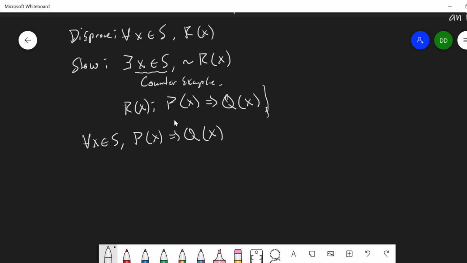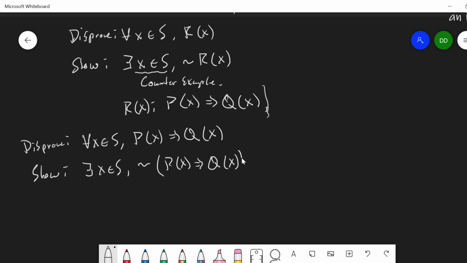To disprove this, we would show that there exists an element of S such that not (P of x implies Q of x). And this is where remembering how to negate an implication comes into play.